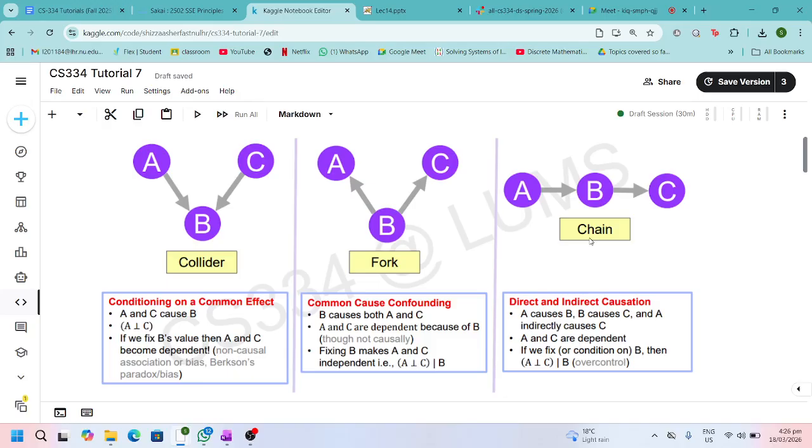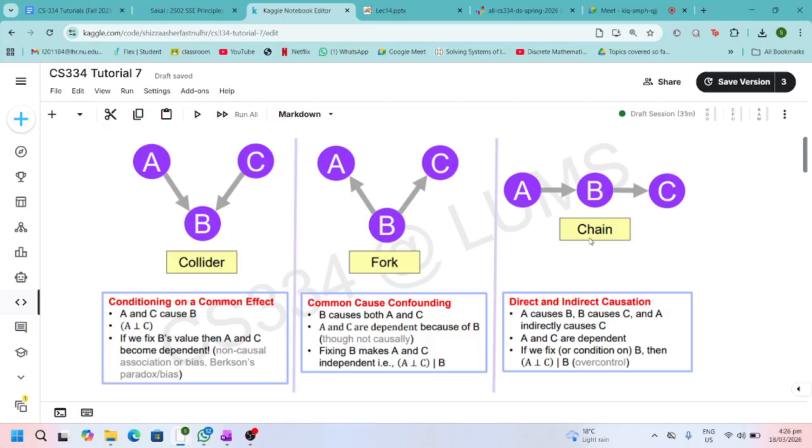However, अगर मैंने A का C पे impact measure करना है, तो like we've seen in an example in class as well, if you want to measure the true total effect of A on C, you don't condition on B, because by conditioning on B, you block part of that causal association. आप उस causal association के flow को block कर देते हैं.